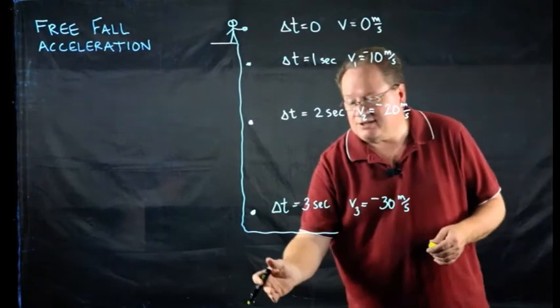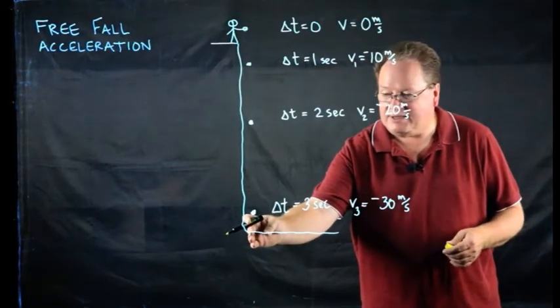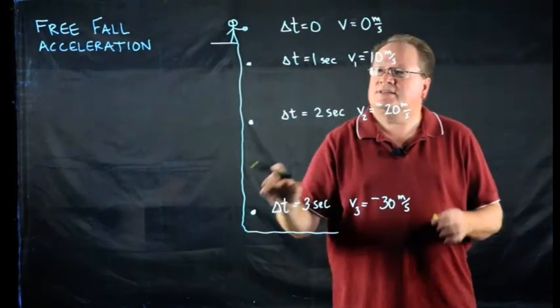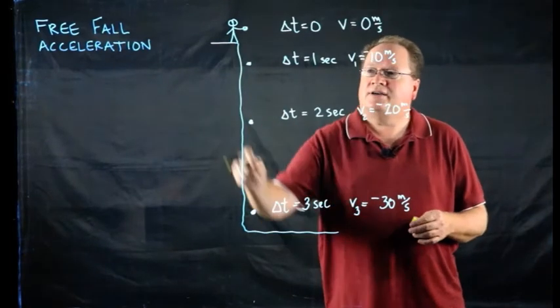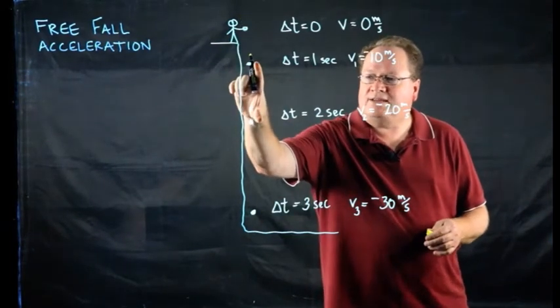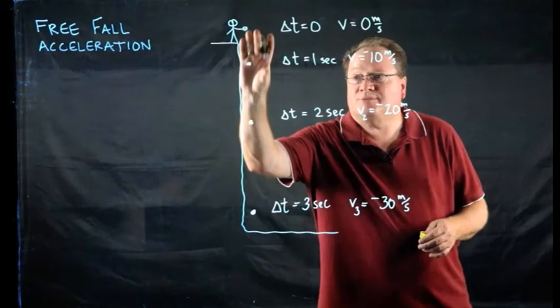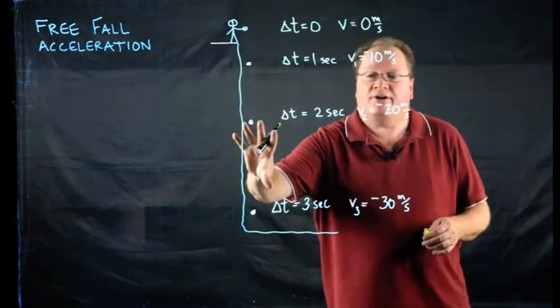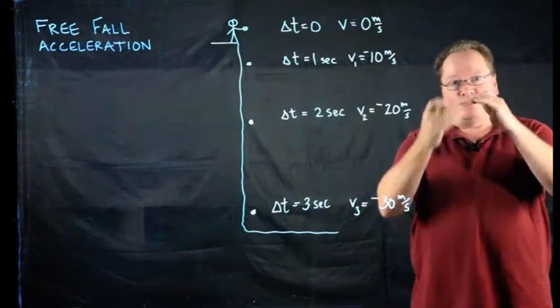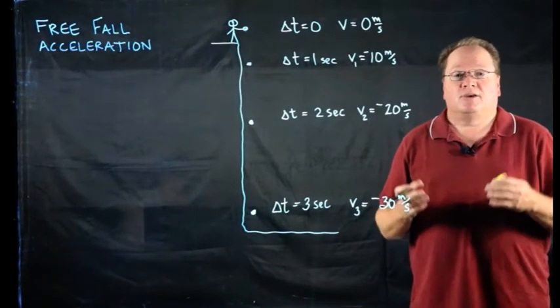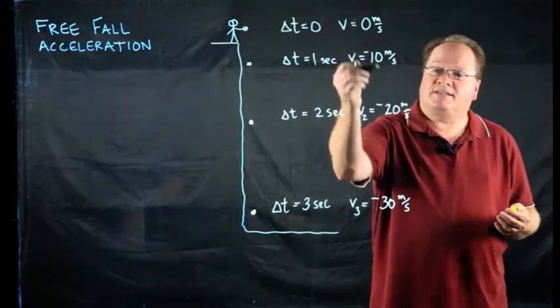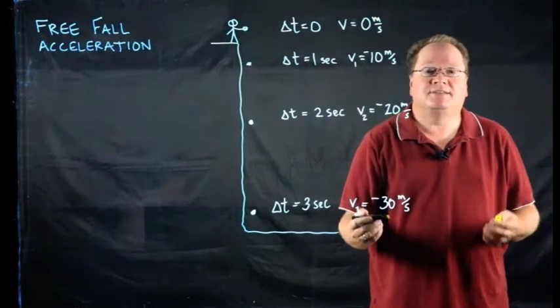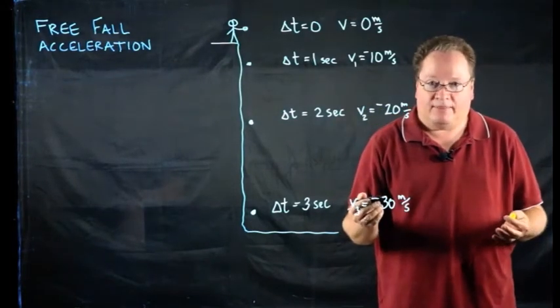Now I could continue on, but I kind of ran out of space here. What you'll notice is, number one, as time goes on, the space between these positions gets bigger and bigger and bigger as it falls. It goes through more space each second because I'm seeing a velocity change here. It is accelerating. All right?